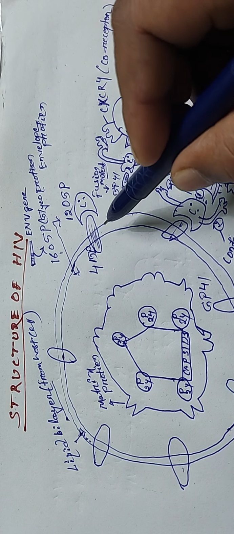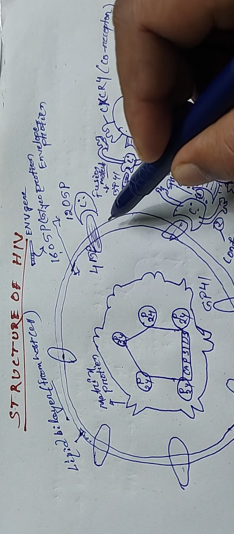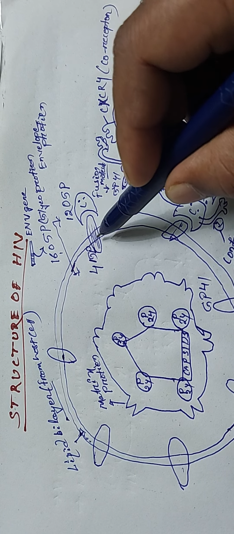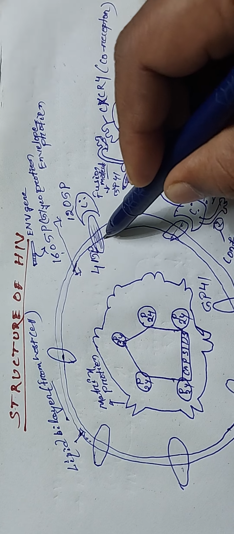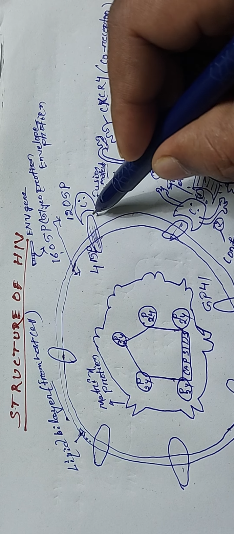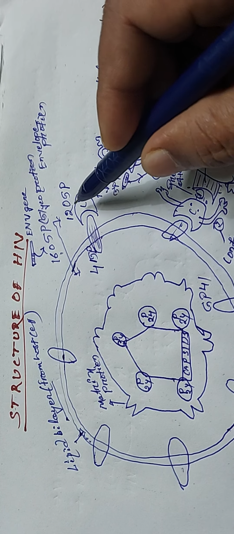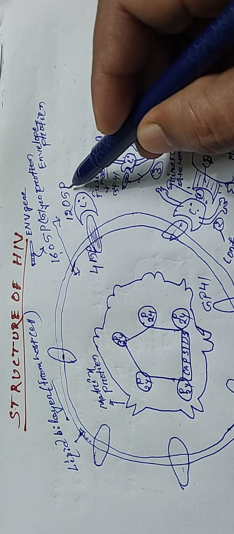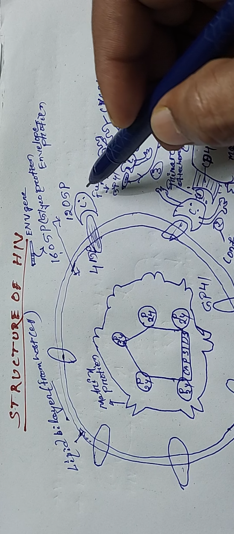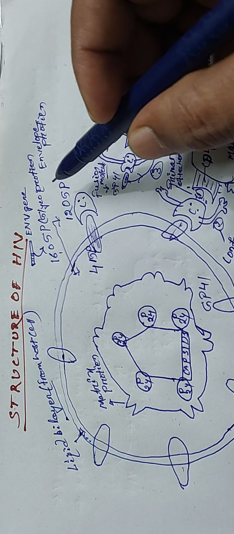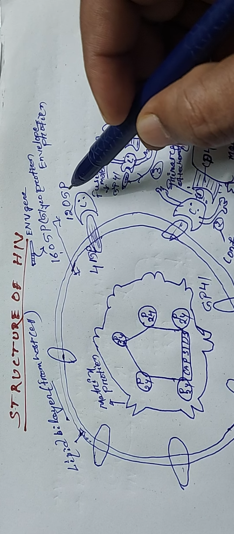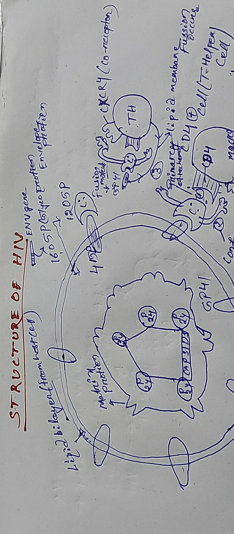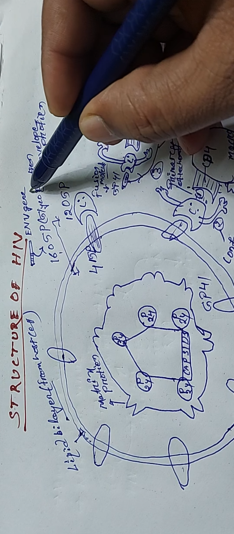Now, above the lipid bilayer, there is a glycoprotein called GP41, and above that another glycoprotein, that is GP120. GP stands for glycoprotein. The gene responsible for glycoprotein formation is called the ENV gene.